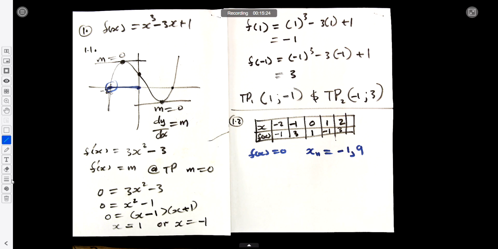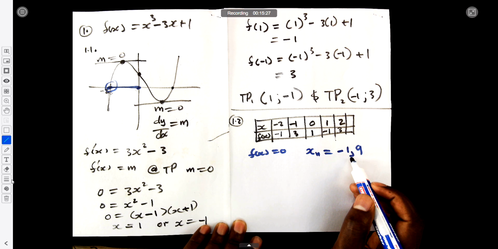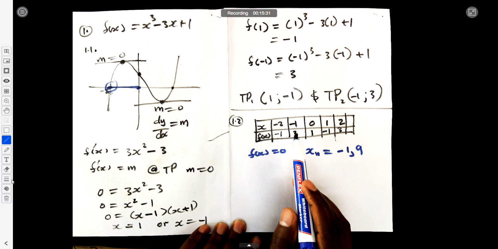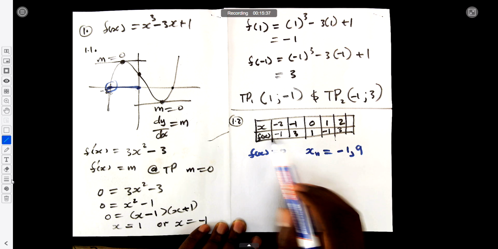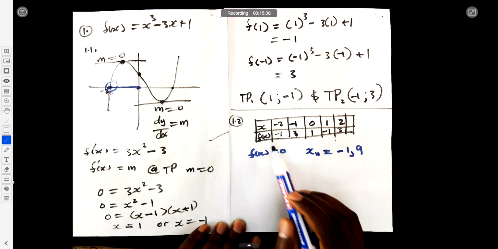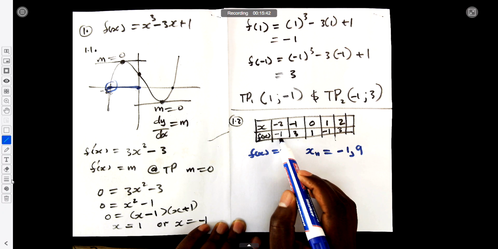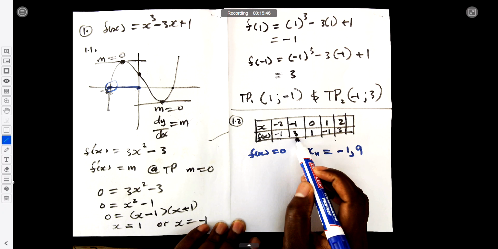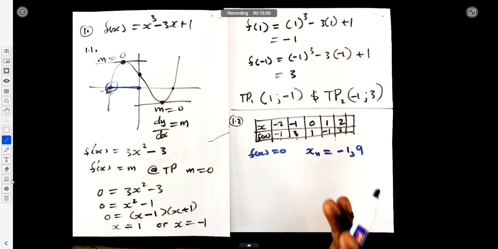Normally, if we were not told it's approximately negative 1.9, we're supposed to inspect from our table where f of x is approximately 0. By inspection, looking at -1, it's after 0, and looking at +3, it's after 0, while the other one is before 0.